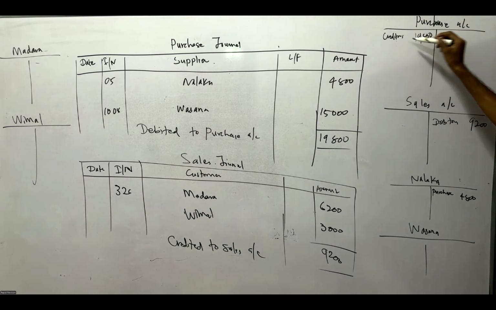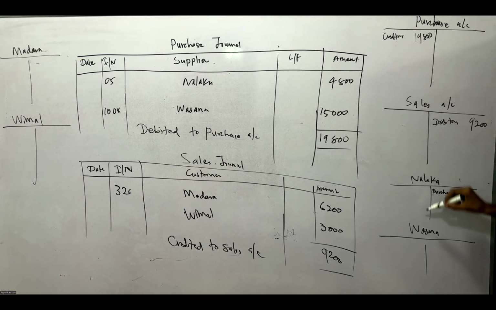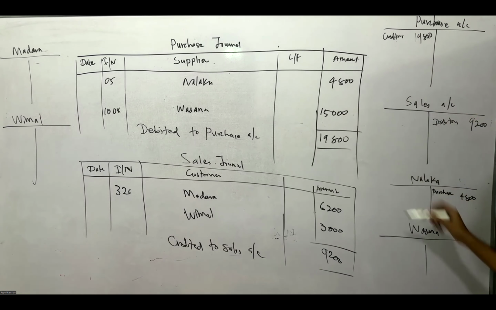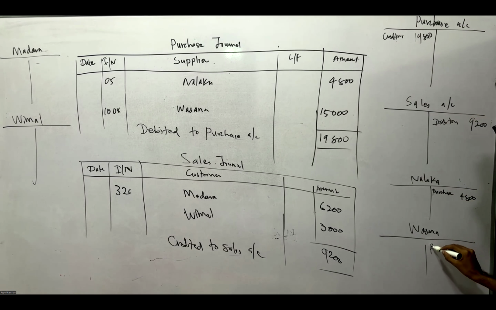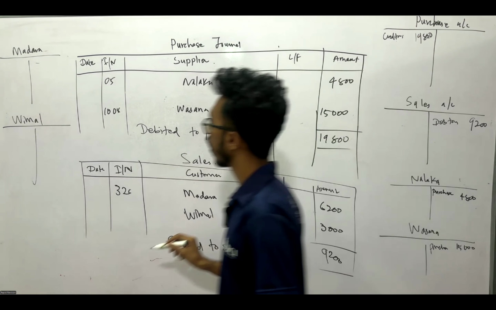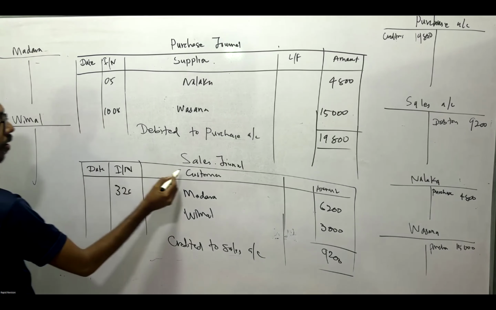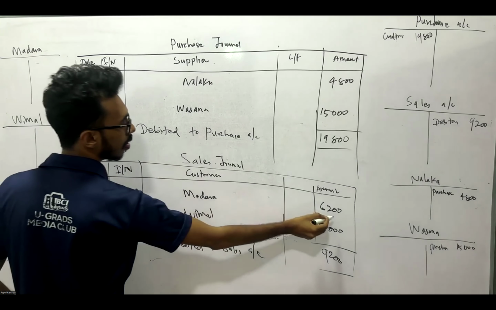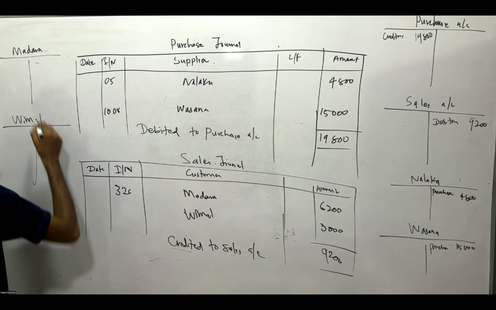Vasana's account, purchase 15,000. And then in Madara's account, sales, how much? 6,200.